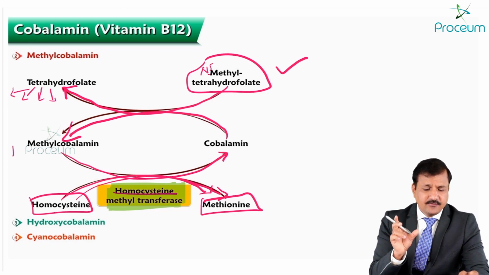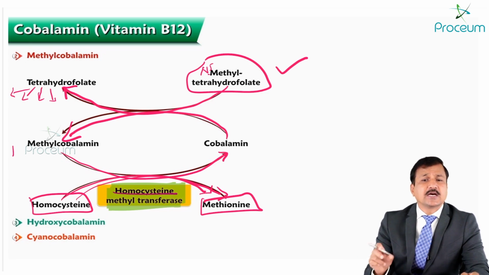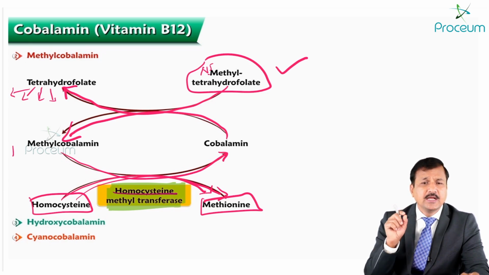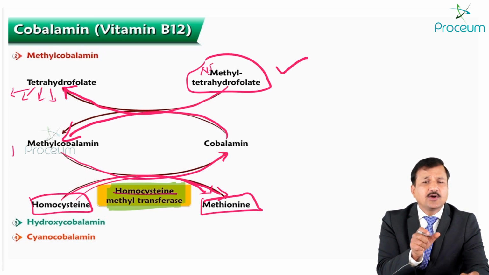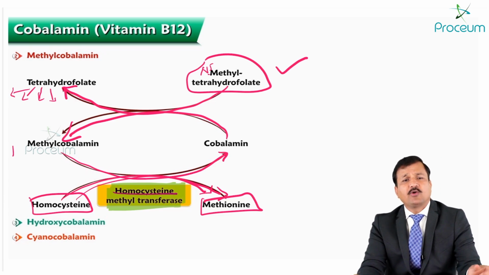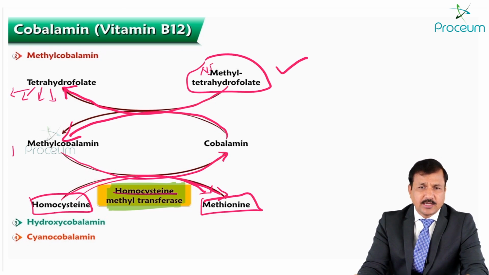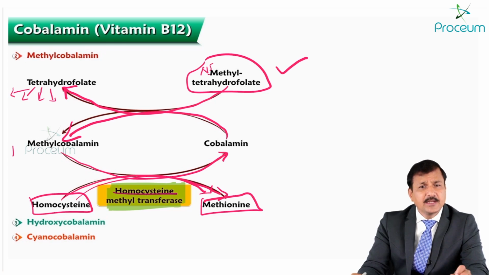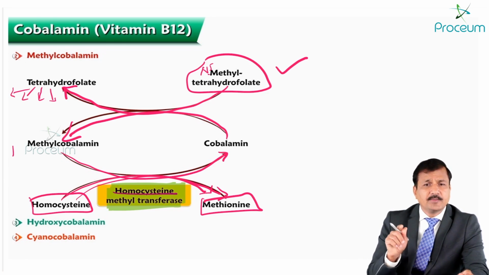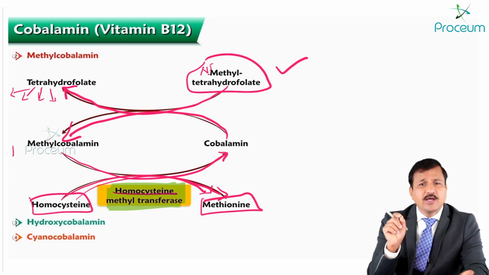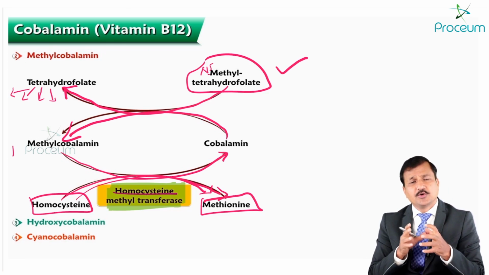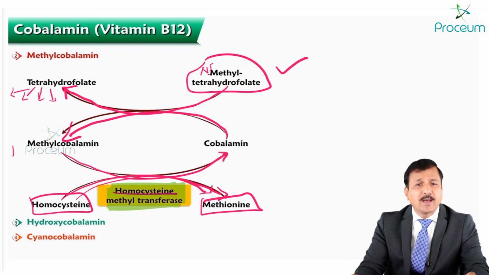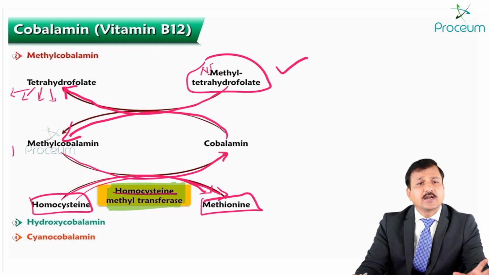The second function is the conversion of homocysteine into methionine by homocysteine methyltransferase, also called methionine synthase, where methylcobalamin is converted into cobalamin while homocysteine goes into methionine formation. Then the cobalamin is converted back into methylcobalamin, and for that N5-methyl tetrahydrofolate gives the methyl group and is itself converted back into tetrahydrofolate, so that tetrahydrofolate can go into different tetrahydrofolate forms in our body.